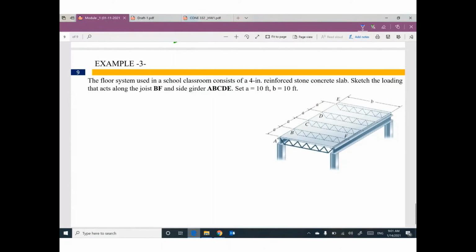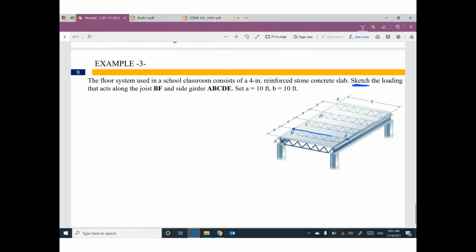Example number 3. The last one. We have a slab supported by trusses or whatever. We don't care, and we need to sketch. Just sketch without calculations. Sketch the loading that acts along the joints or the secondary beam BF.